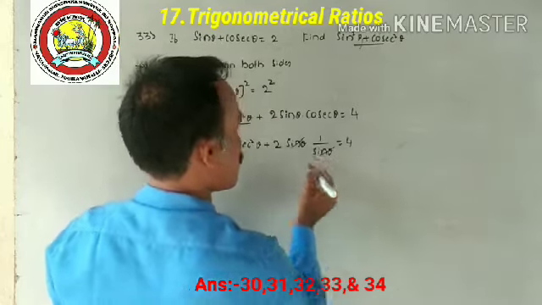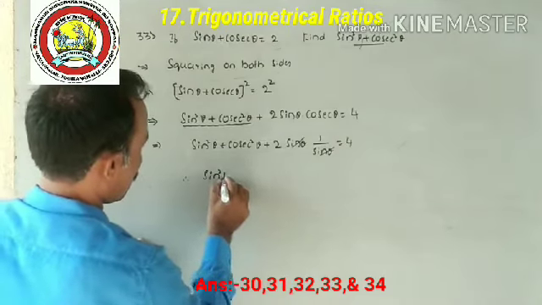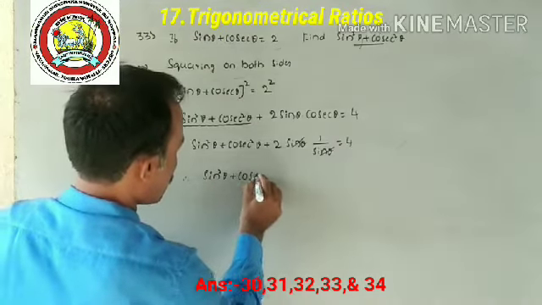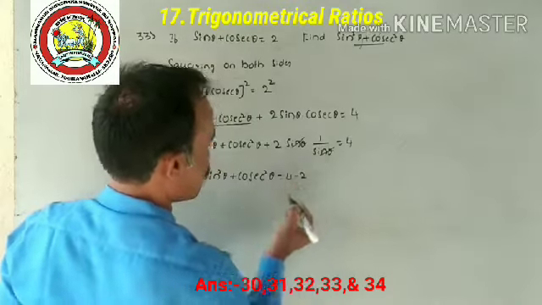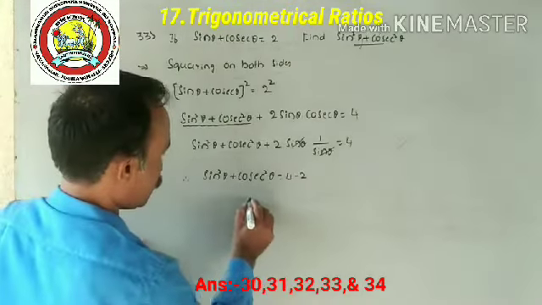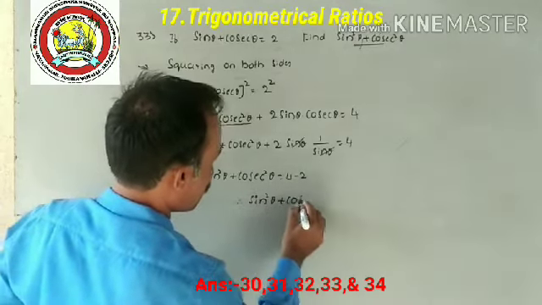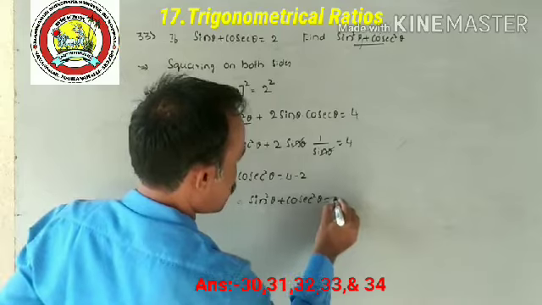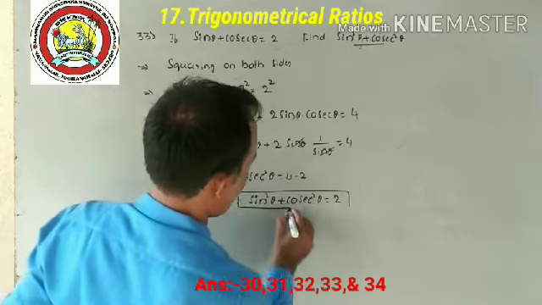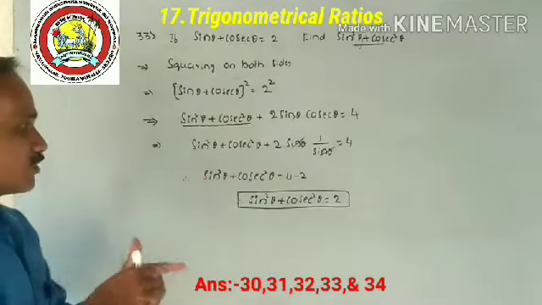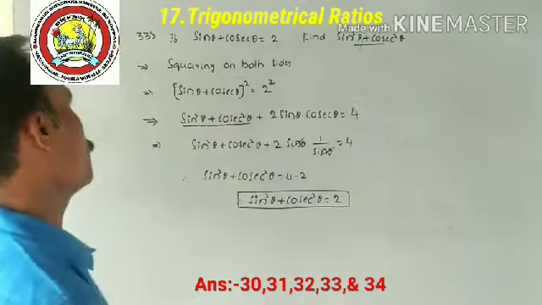Thus these two get cancelled. Therefore, last step, sin square theta plus cosecant square theta is equal to 4, and 2 you send that side, minus 2. Therefore, the value of sin square theta plus cosecant square theta is equal to 4 minus 2, that is 2.